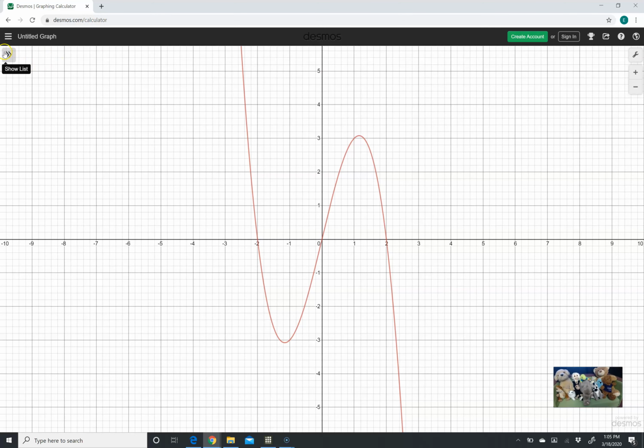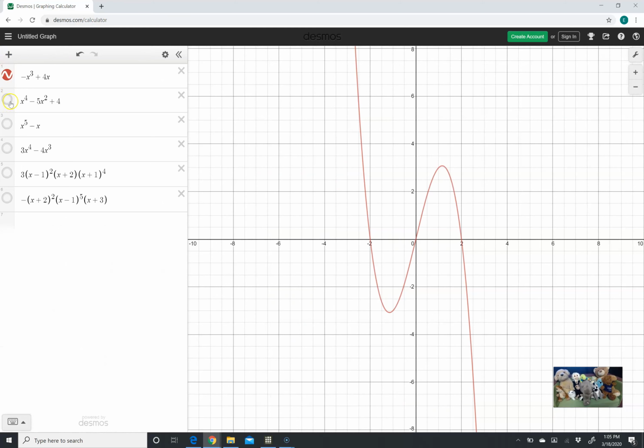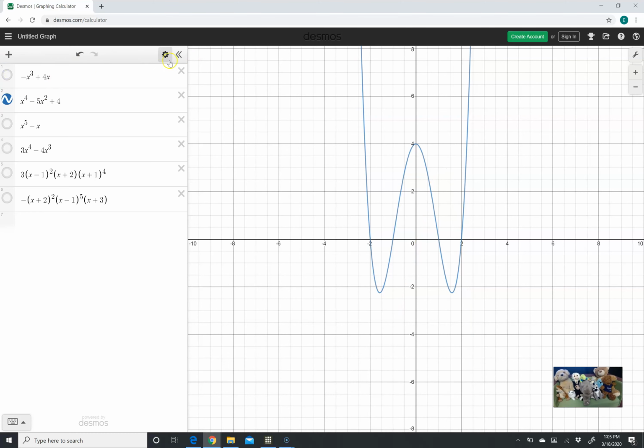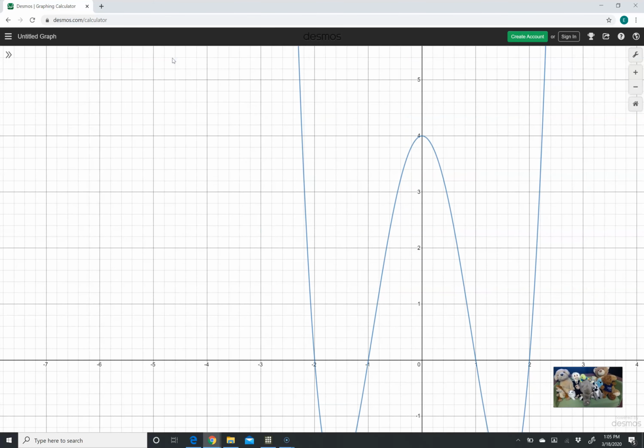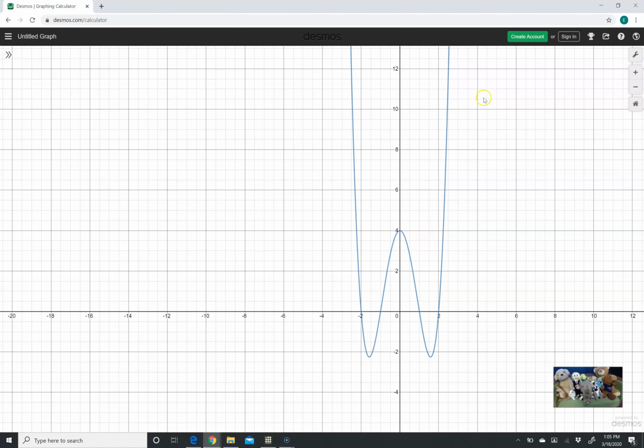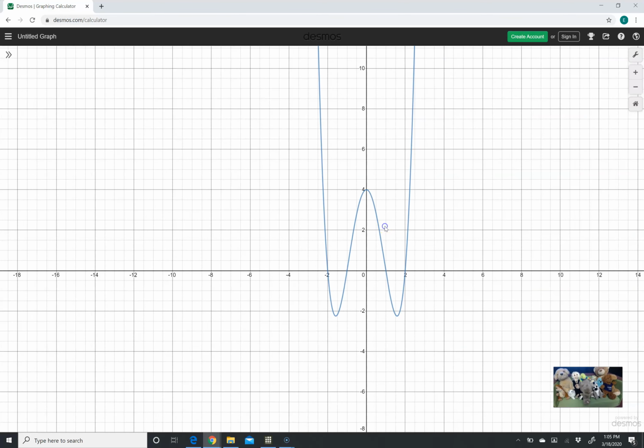Okay, if we take a look at another polynomial, so if we look at this polynomial, we have from here, we are decreasing left to right.